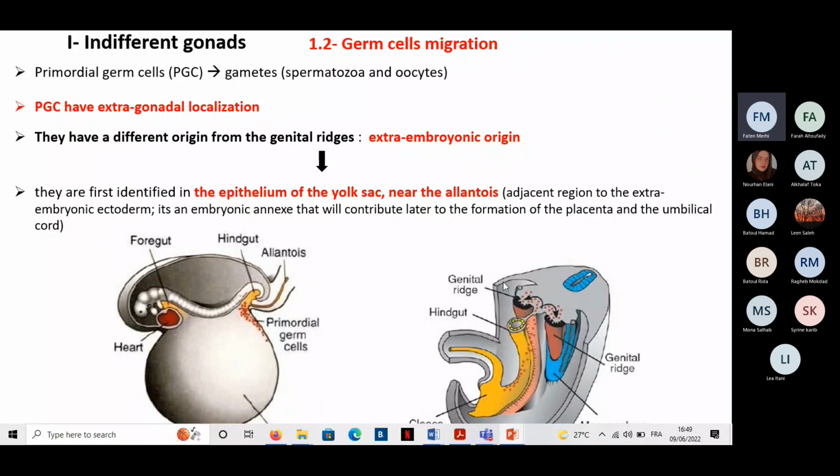In fact, first of all, they are not localized in the genital ridges in the indifferent gonads, and they are not born inside of the genital ridges. They come from outside of those gonads, so they have a different origin. They are located outside of the gonads, and then they will migrate to the gonads.